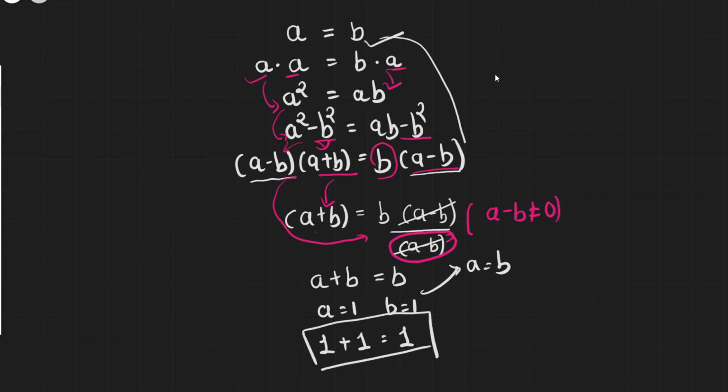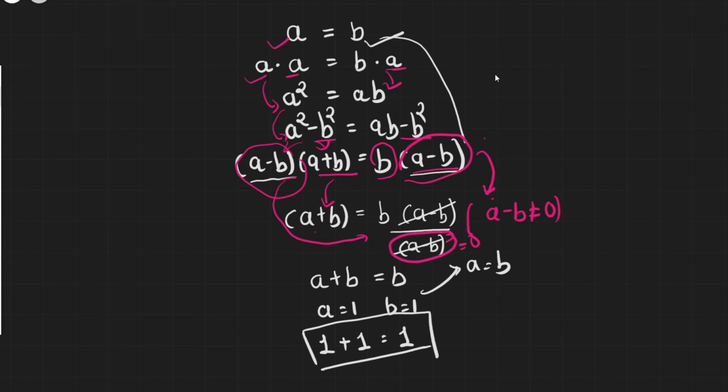And here what happened is that our initial condition A is equal to B itself tells us that this is 0. Though both the things are the same, I cannot cancel it. So I cannot go from this step to this step, because we cannot divide by 0, right?